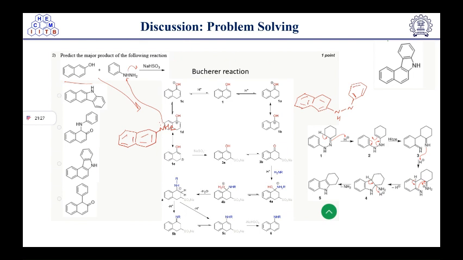If I write the structure in open form, it will look like this, NH2 positive and H2, correct?